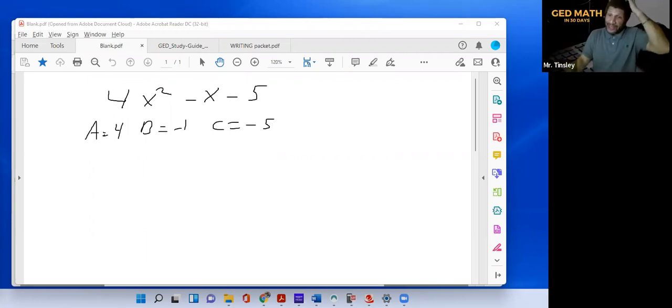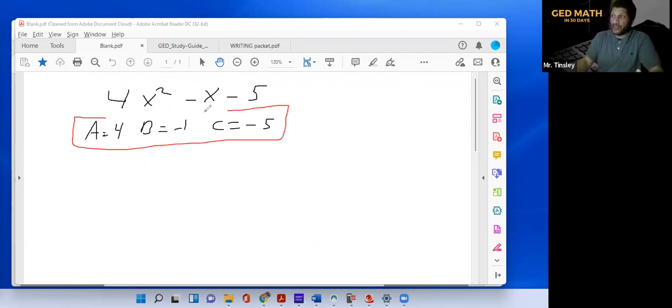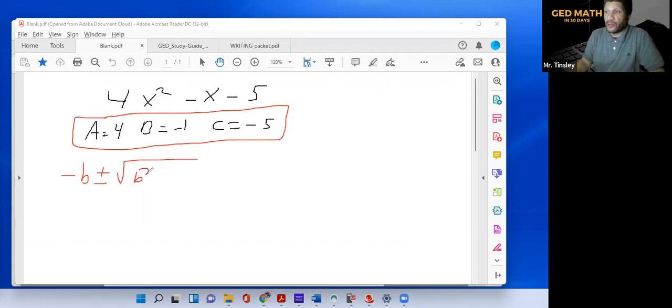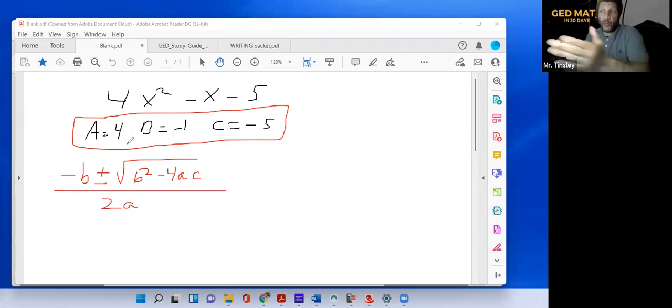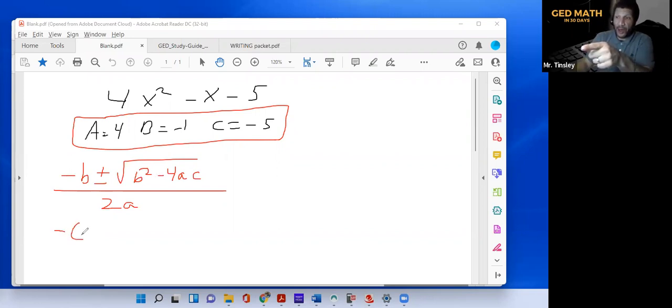If you get a problem like this where they ask you to solve using the quadratic formula, you're going to identify your A, B, and C. You're going to go to your formula sheet, and it says minus B plus or minus the square root of B squared minus 4AC, all over 2A. We just identified A, B, and C. So minus B would be minus -1.